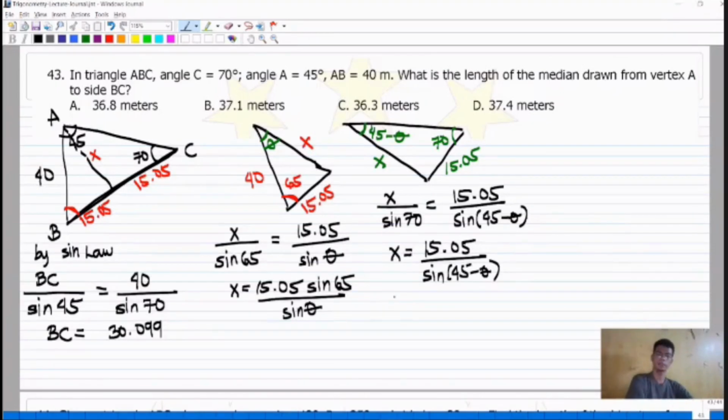Yung x ng triangle na to, and then yung x ng triangle na to, ay iisa lang. We can equate the two x's.